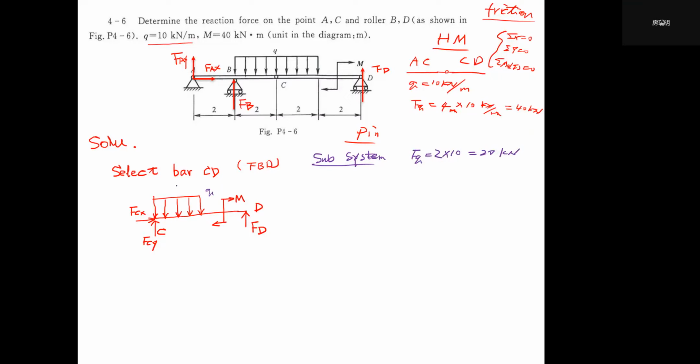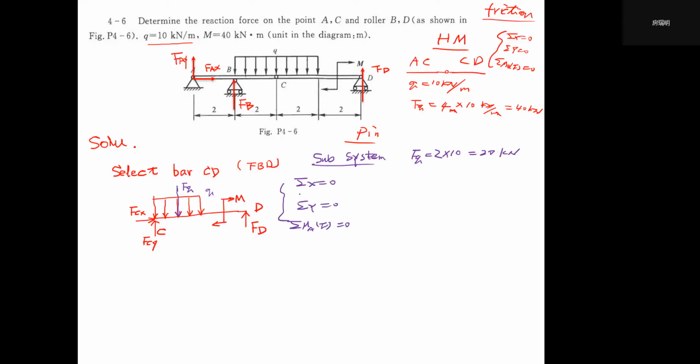So we can just change this into a concentrated force FQ. We use this FQ to show that it will have the same effect on the bar CD. Then it is a subsystem in equilibrium, so it also has three equations: sigma x equals 0, sigma y equals 0, and sigma moment about a point equals 0.